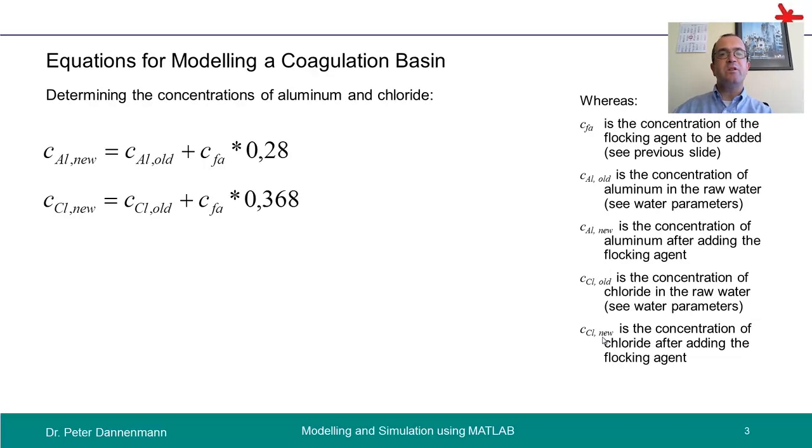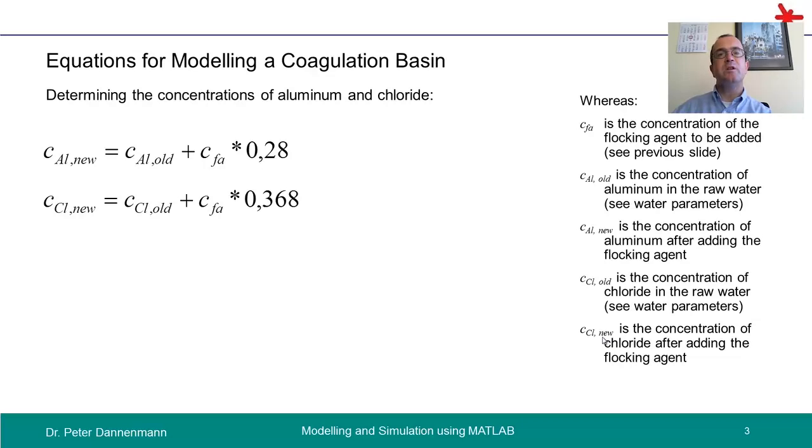Again, this value represents the additional concentration of chlorine induced by the addition of the flocking agent. As with the aluminium, the computed value for the concentration of chlorine will be added to the initial concentration of chlorine in the raw water, and this initial concentration will be replaced by the newly computed sum.